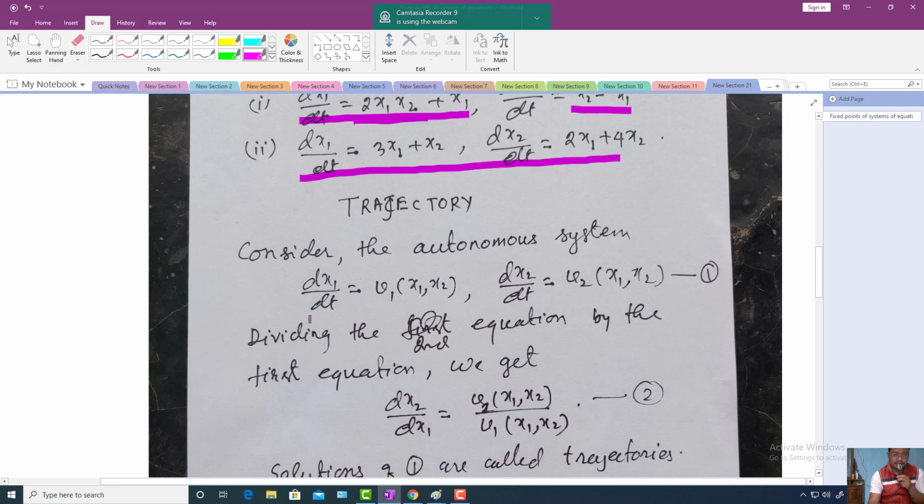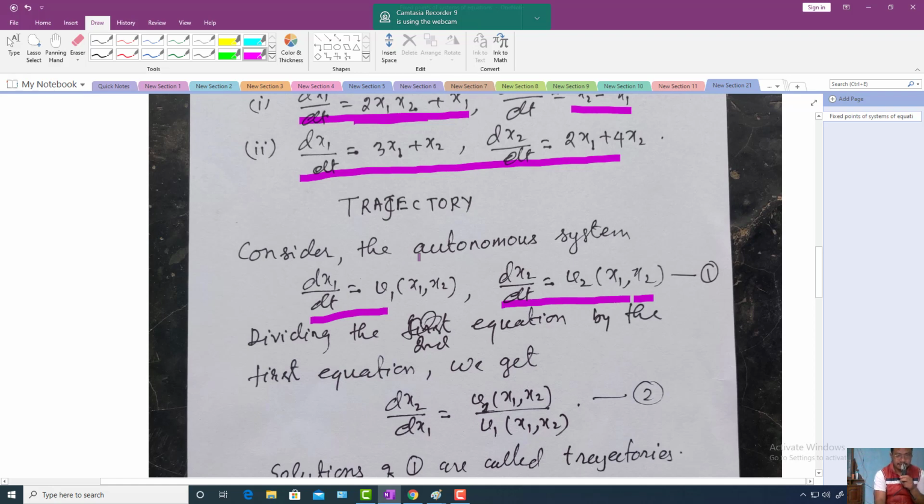You can solve these two equations by converting them into a second order differential equation and then solving that equation. After solving, you will get x1 as a function of t, and x2 is also a function of t. They are called the trajectory.